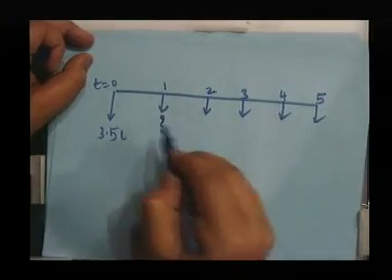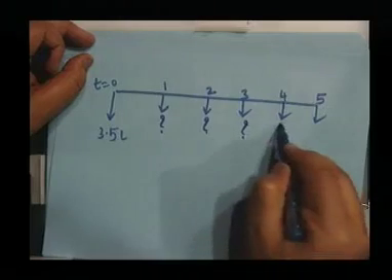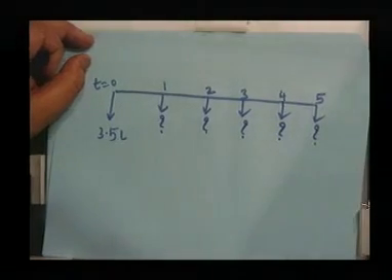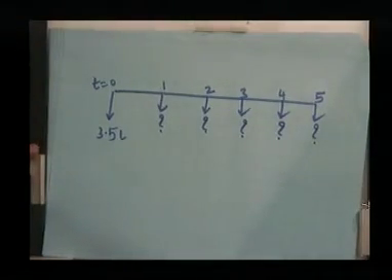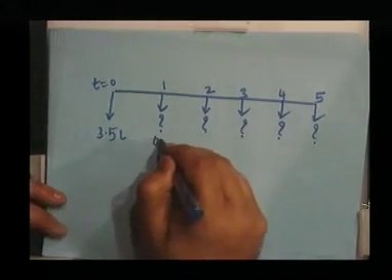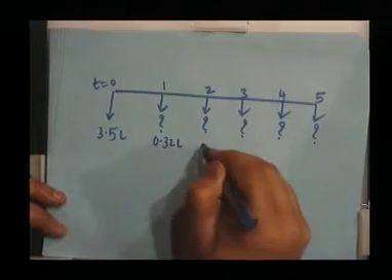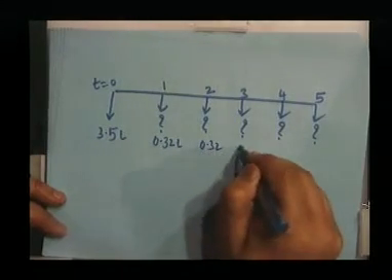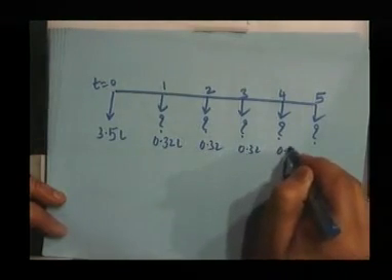What is this value? All these values are going to be same, because for us depreciation is same constant throughout the life of the equipment, because we have used a straight line method of depreciation, and this value is equal to 0.32 lakhs, 0.32, 0.32, 0.32.